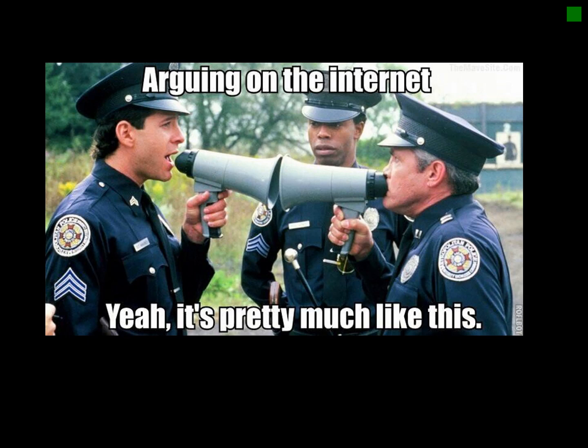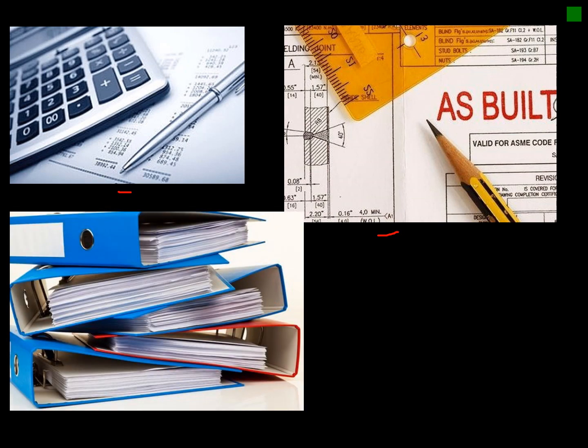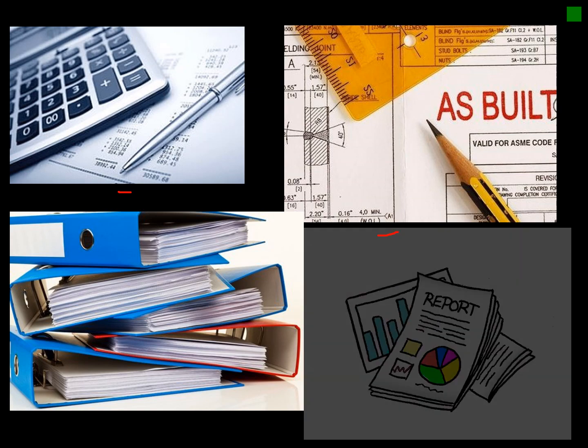Okay, and then this is what you want to try and avoid with postponing your final account, is to sort it out earlier on. Okay, so what we try and do is a constant calculation of buildings, keeping the as-built up to date as we go along. A whole lot of paperwork, administration, and keeping track of everything that goes on is very important.